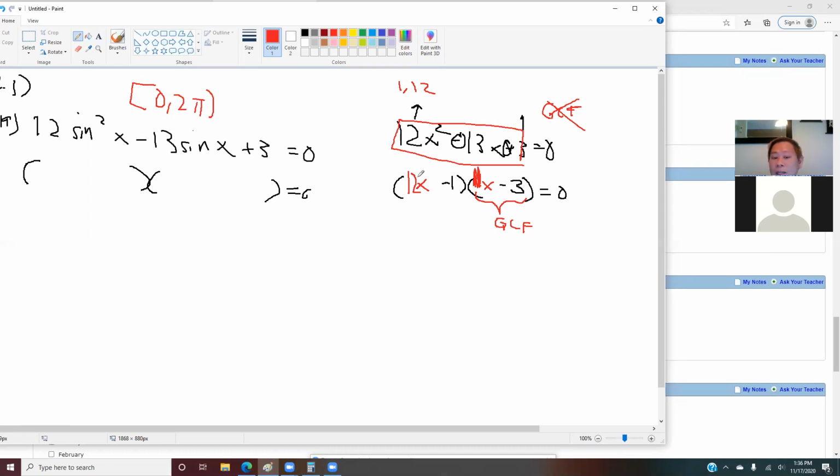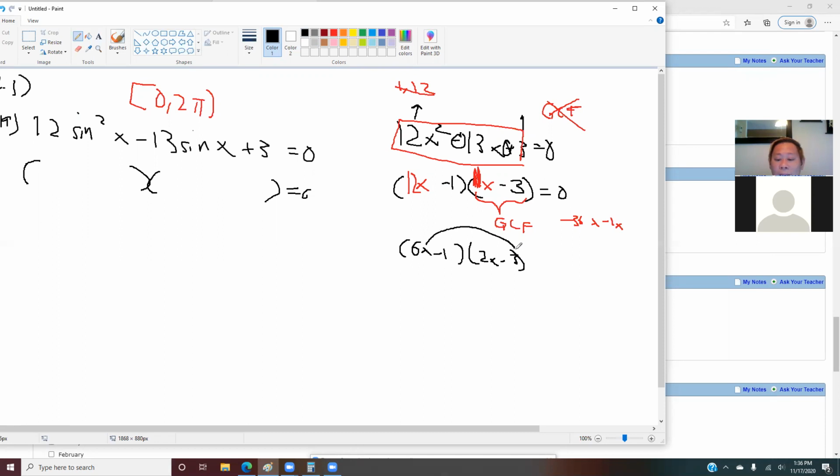So when you FOIL this, you get negative 36x minus 1x. Unfortunately, you didn't get 13x. You get 37x negative. So 1 and 12 does not work here. So is it 6 and 2? We try 6x minus 1 and 2x minus 3.